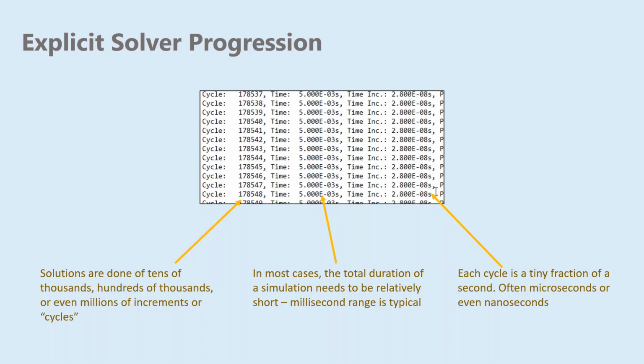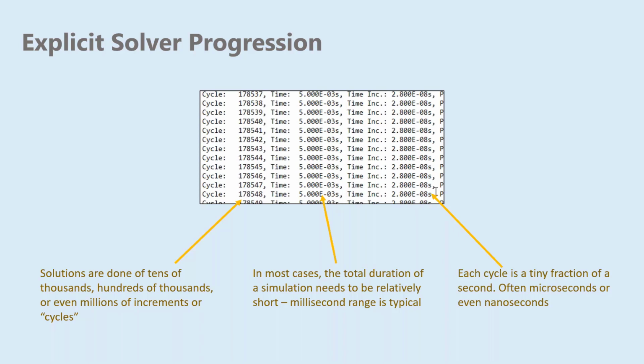And each cycle utilizes that CFL time step plus a safety factor that you should apply. When we talk about the order of magnitude of those steps, we're oftentimes talking about microseconds or even nanoseconds in time step length.